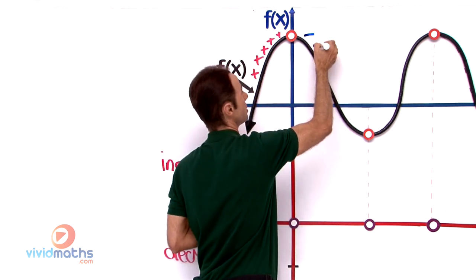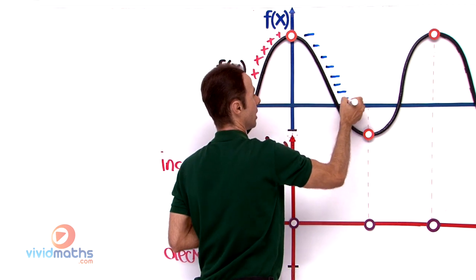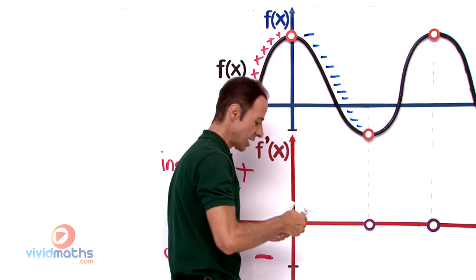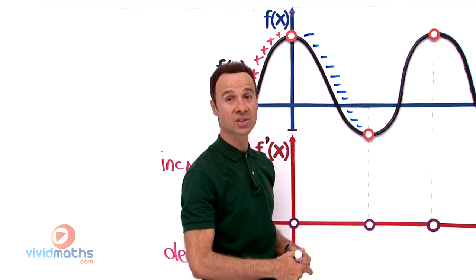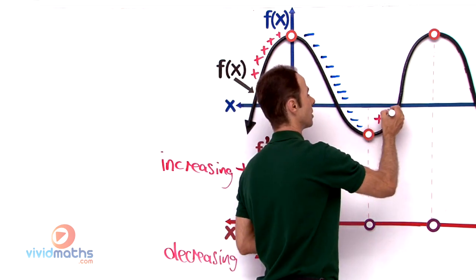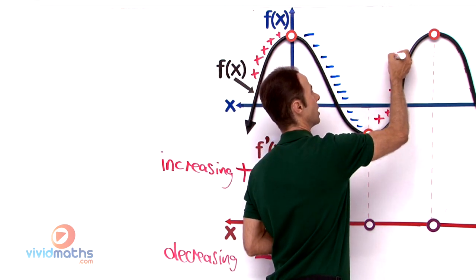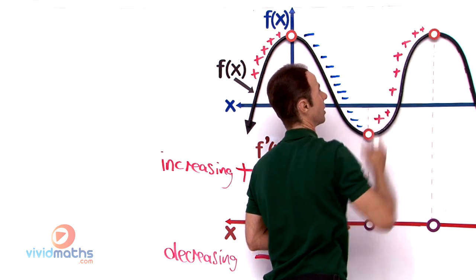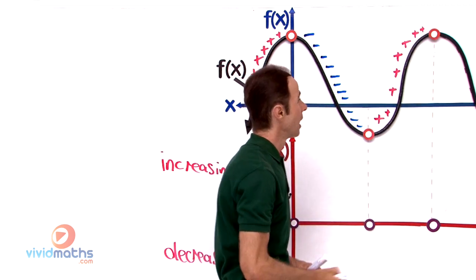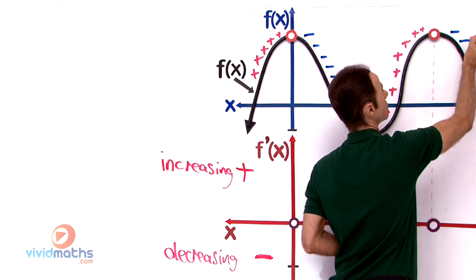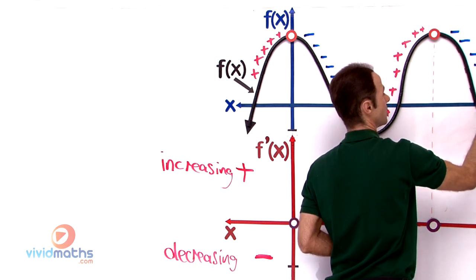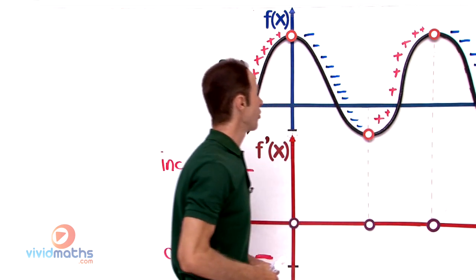I'll put some minus signs. Falling along there until we get to the stationary point. Then what does it do again? It starts to rise. So the curve here is increasing right there. And again, after this stationary point, it starts to fall down again. So it's decreasing.